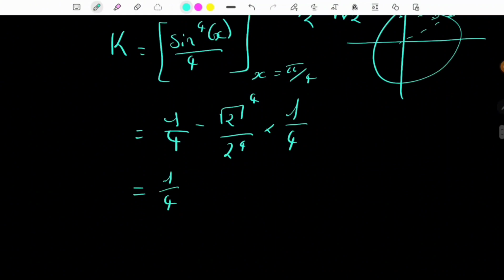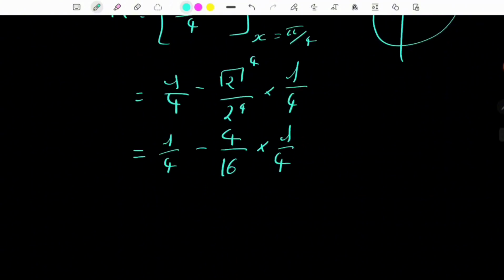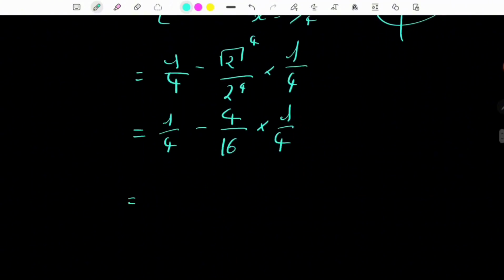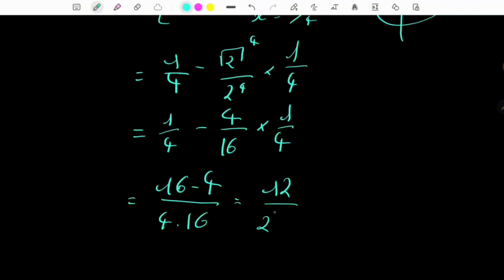So that's equal to 1 over 4 minus 4 over 16 times 1 over 4, which is 16 minus 4 over 4 times 16, equal to 12 over 2 to the fourth times 4.